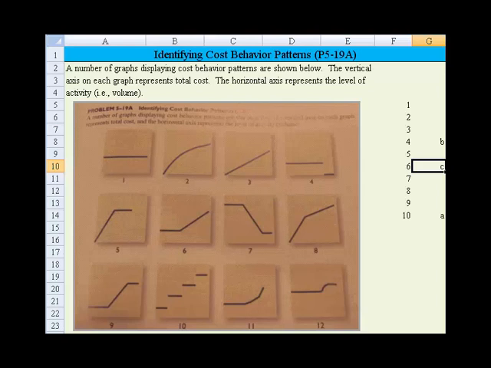Excuse me, this is item D, my mistake. We've got straight line depreciation, so we're expecting a straight line to be incurred regardless of the level of activity at all. And clearly depreciation behaves as a fixed cost over the relevant range in graph 1. So 1 is D. So let's jot that down.